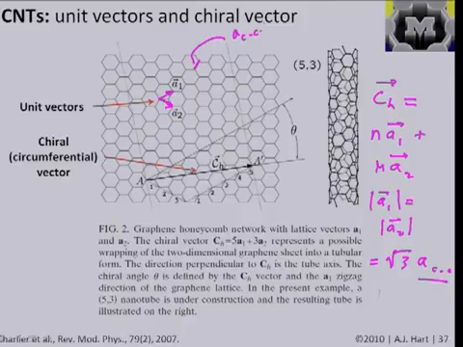And so this is equal to about 2.46 angstroms. So that's about a quarter of a nanometer. And if you work a lot with carbon materials, this is sort of a number that, like definitions of length scales, you have set hardwired in your brain.